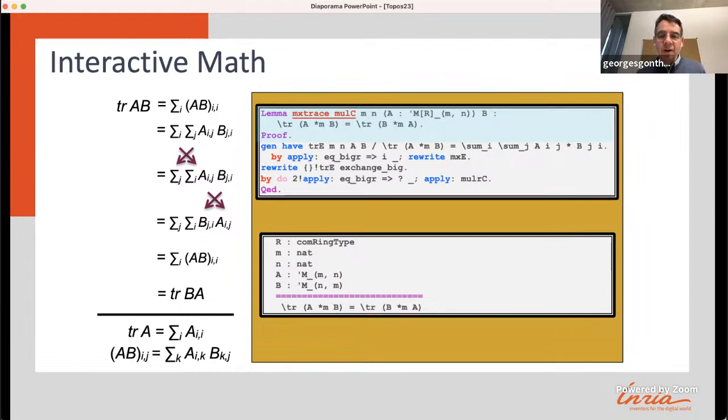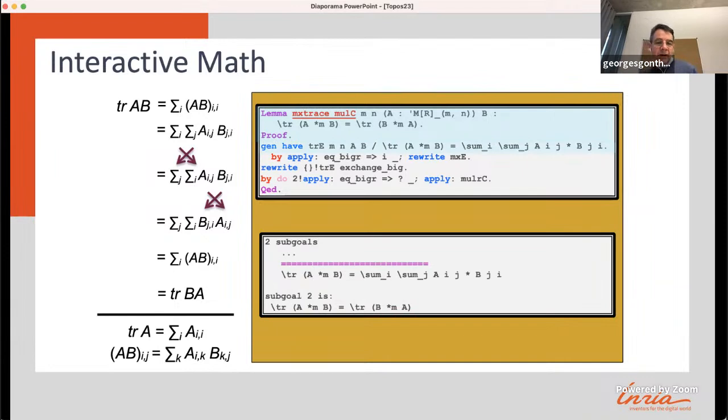Now, since we want to use this expansion twice, we actually want to prove it as a separate lemma, for A and B, and then have this generalized so that we can use it in both directions.